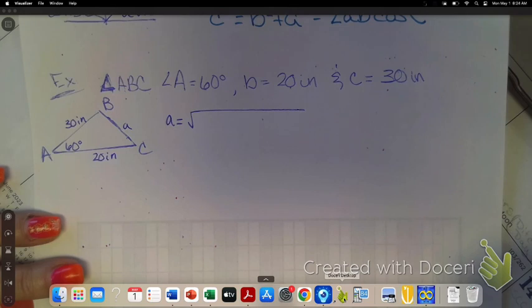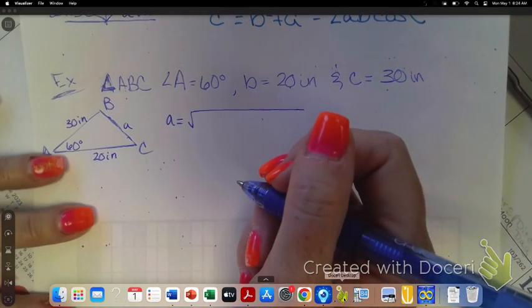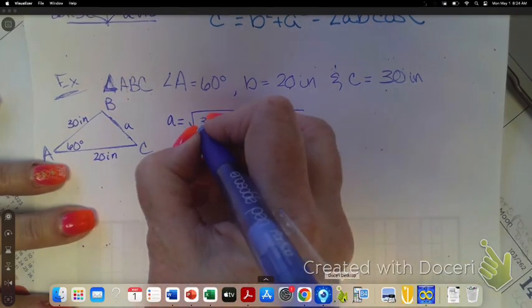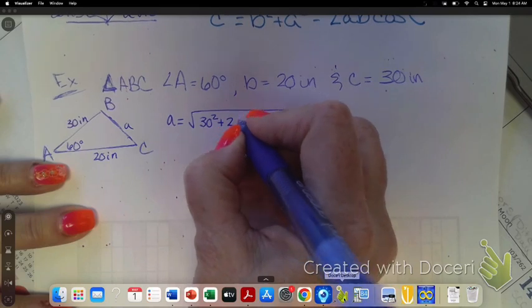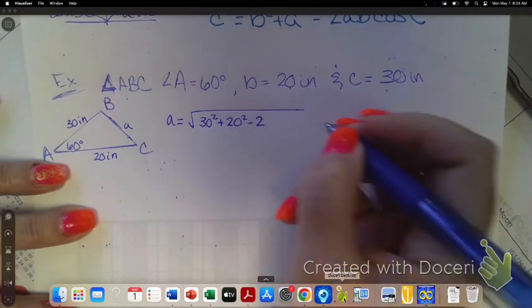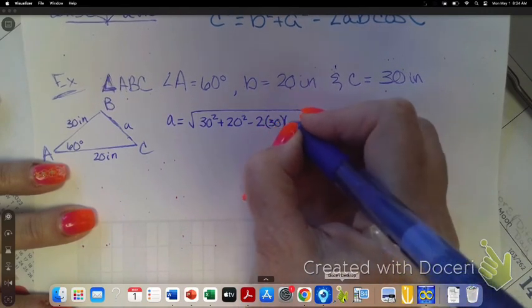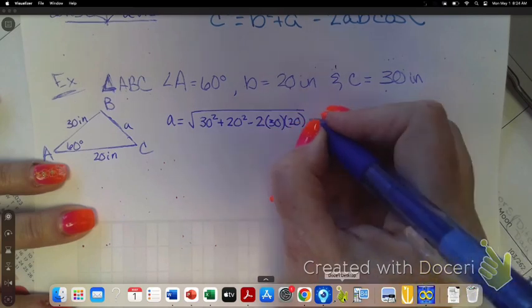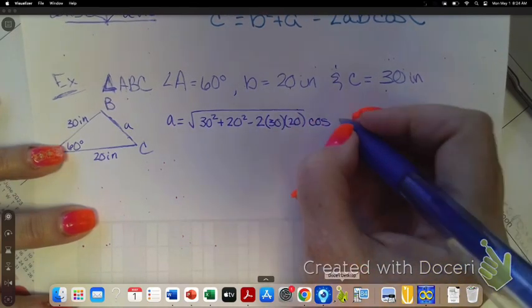No. Okay, so other side, 30 squared, plus the other side squared, minus 2, the two sides, 30 and 20, cosine of the included angle. Cosine 60.